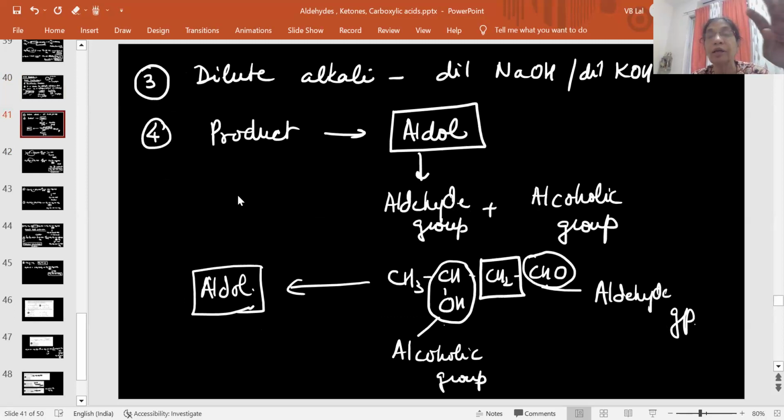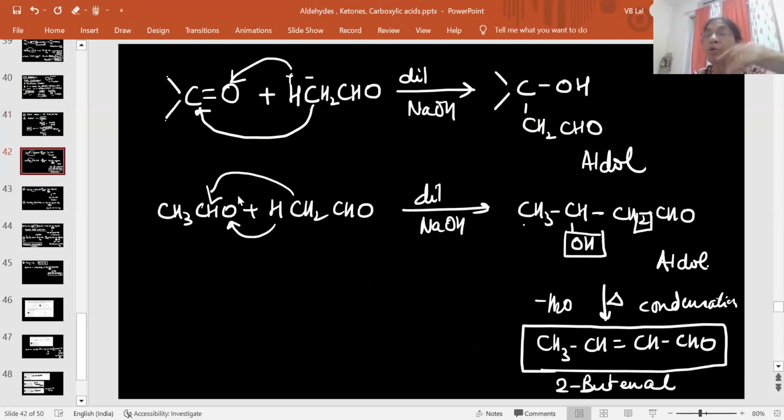It happens in the presence of a dilute alkali, and the product is an aldol. The alpha hydrogen adds on just like an addition reaction and you first get the addition product, which is aldol, which loses water and gives you an unsaturated aldehyde or ketone.